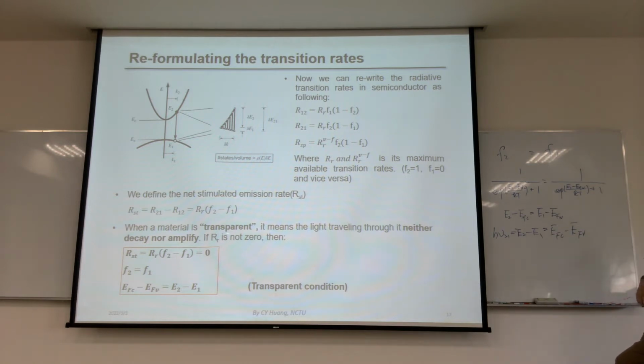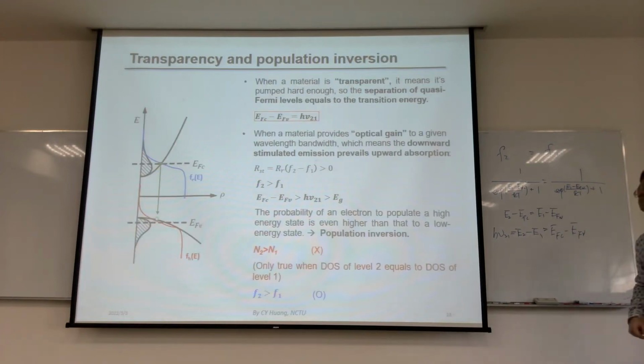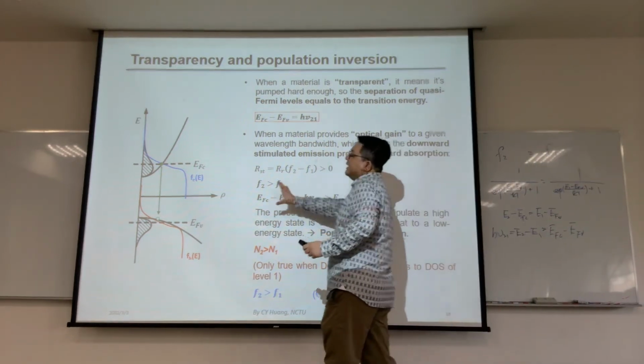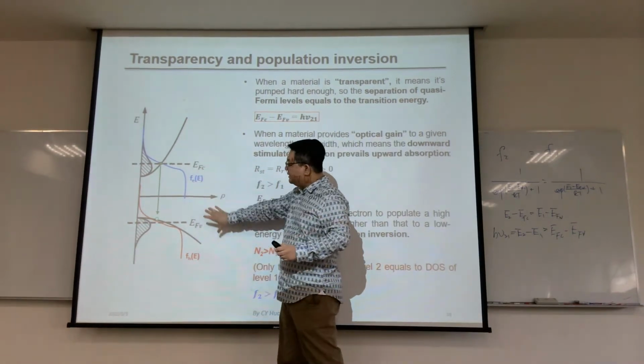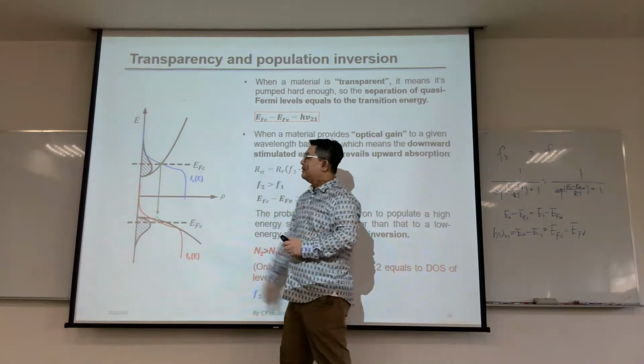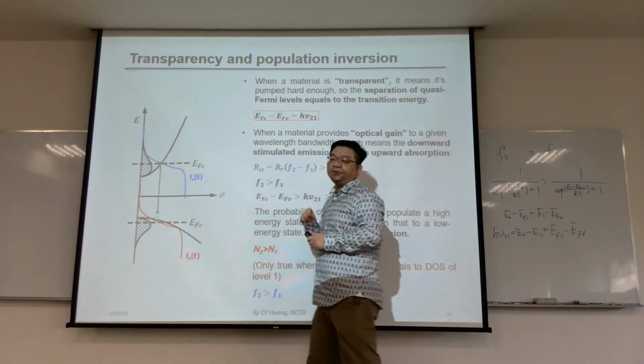Then the absorption and the stimulated emission share the same transition rate, and this light becomes transparent. But what about light with energy less or higher than the Fermi level separation?